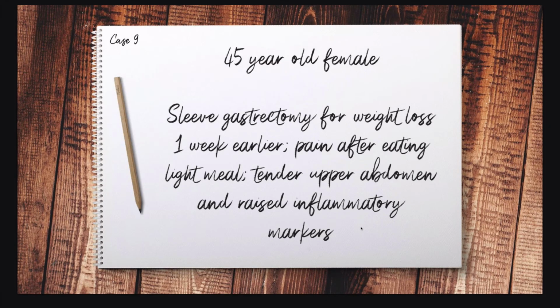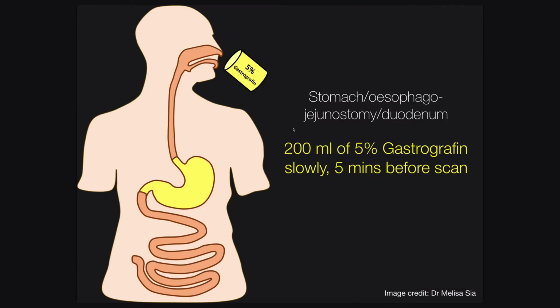So the next protocol is for the stomach. So we've got a 45-year-old female who's had a sleeve gastrectomy for weight loss a week earlier, and now she's got pain after eating a light meal, tenderness and raised inflammatory markers. So they're wondering whether or not there's been a leak, perhaps from the staple line that you get when they make a sleeve gastrectomy.